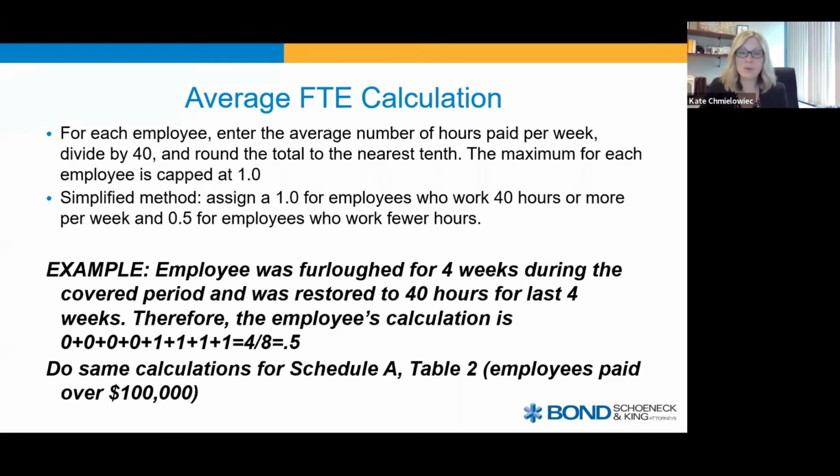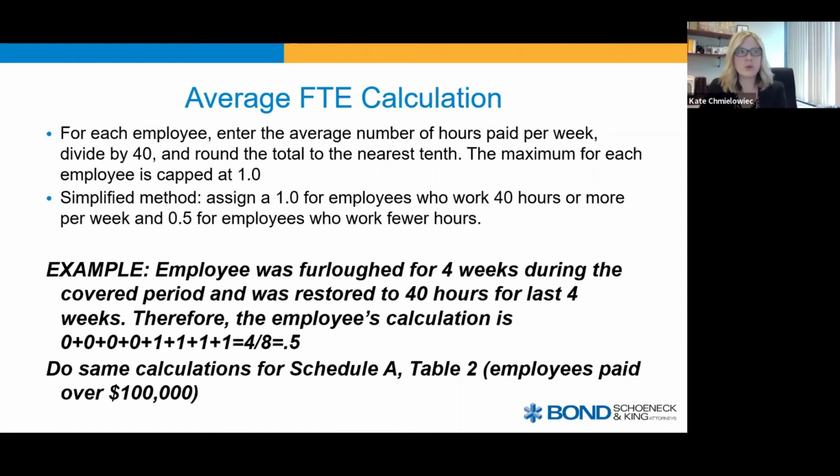If you don't want to go through that calculation, you can use a simplified method, which assigns a 1 for employees that work 40 hours and a 0.5 for employees who work less than 40 hours. We've suggested to clients to run the numbers both ways to see what is more accurate and what gives a higher FTE calculation.